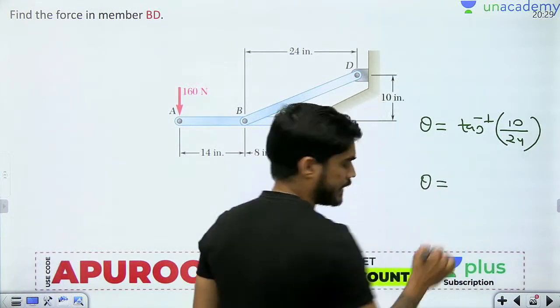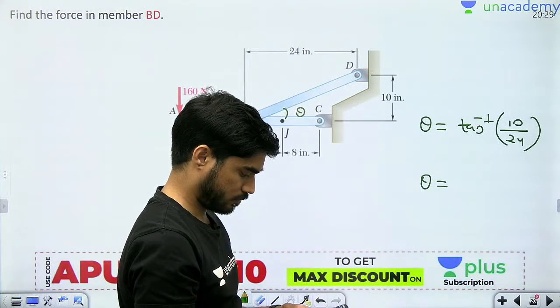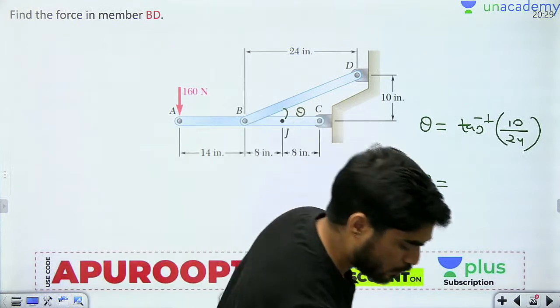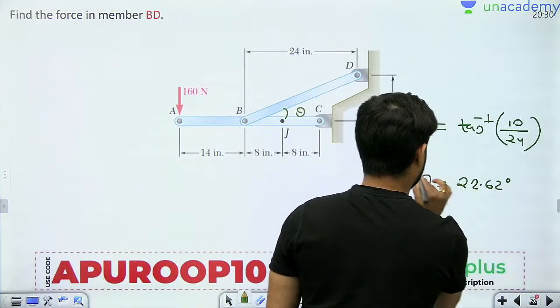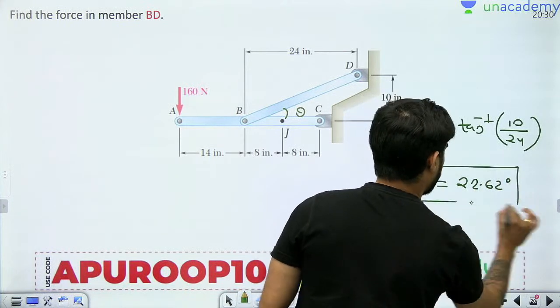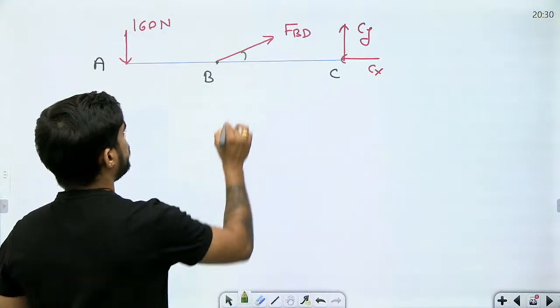So how much is theta? This angle is 22.62.